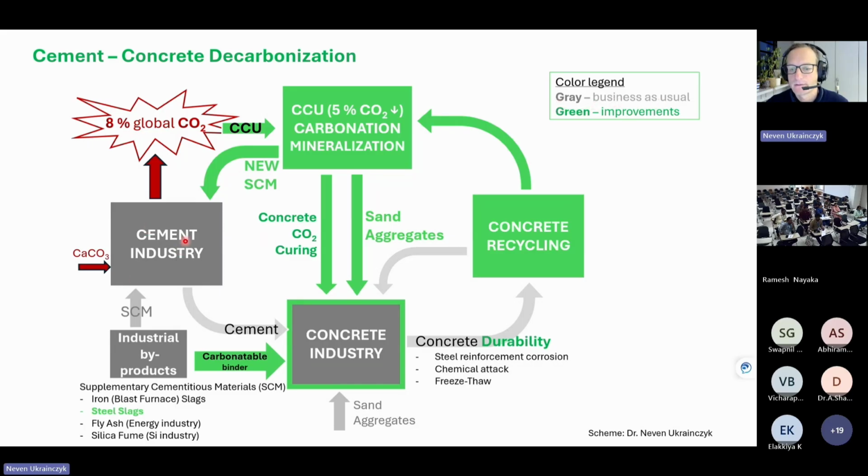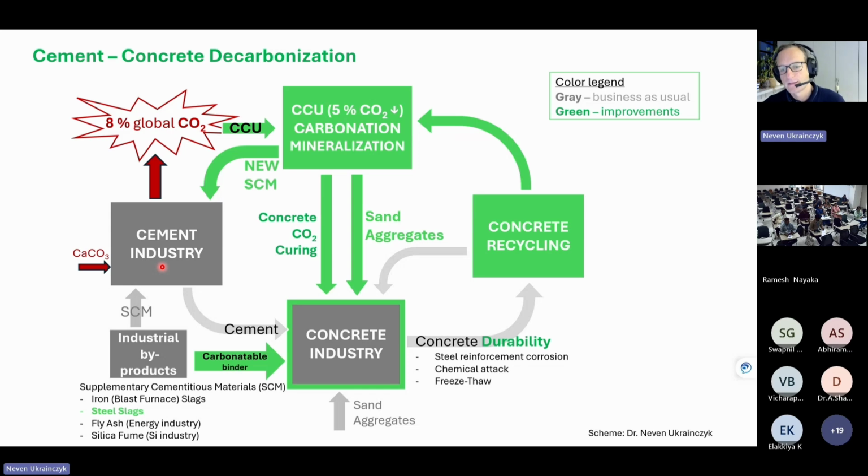So we have the cement industry, of course, with very high CO2 output because we are burning limestone. We have industrial byproducts that we use as SCMs. This is already old; it doesn't help us anymore to really reduce CO2. This is already state of the art.